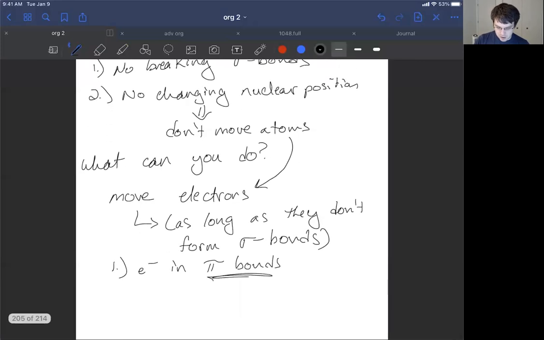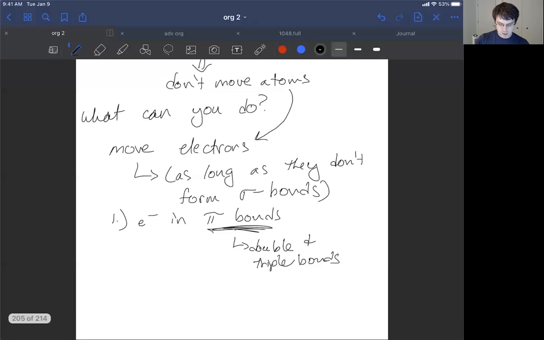Pi bonds are our double and triple bonds. You can move electrons in pi bonds, but you can also move electrons that are lone pairs.